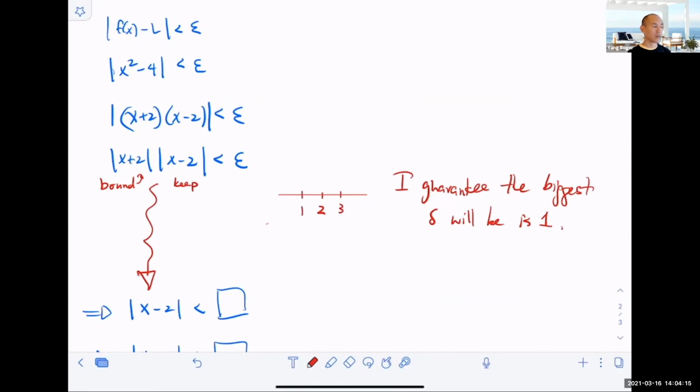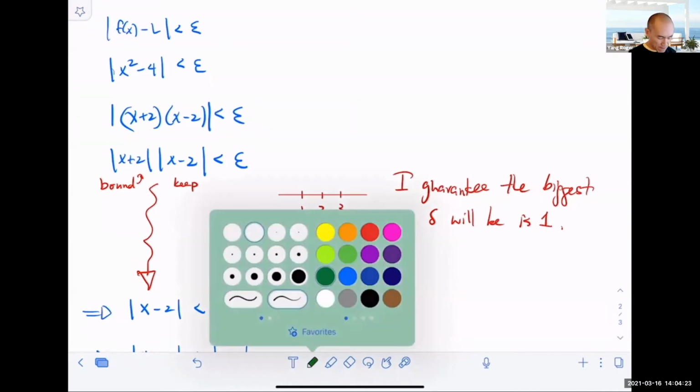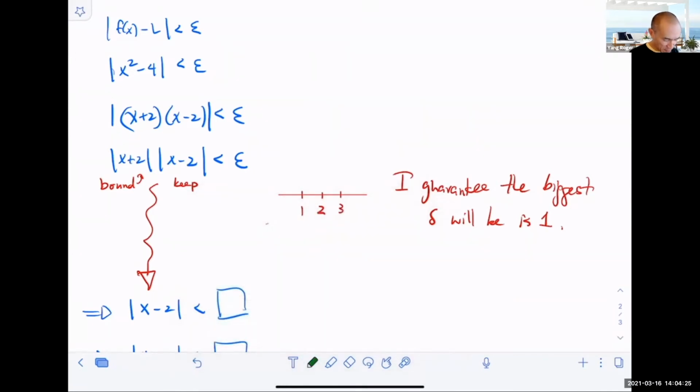Okay. When I think of what f of 3 is, f of 3 is 5. So if I were to graph this guy, this is going to be a line, and it looks something like this, where this point right here is (3, 5), and this point right here is (1, 3).